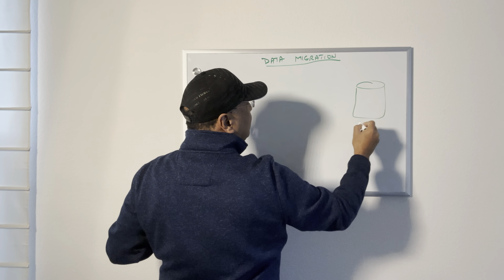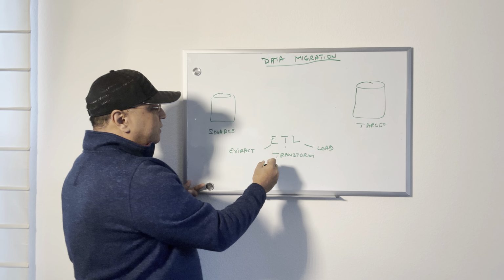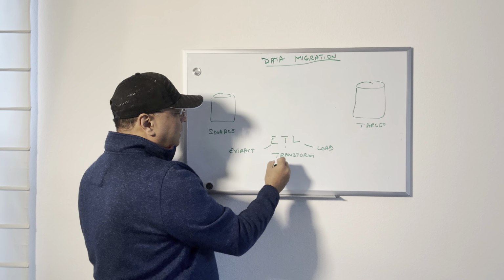Okay, in the middle, there's a process called ETL, and that's extract, transform, and load, right? So the ETL, the other process is ELT, which is extract, load, and then transform.